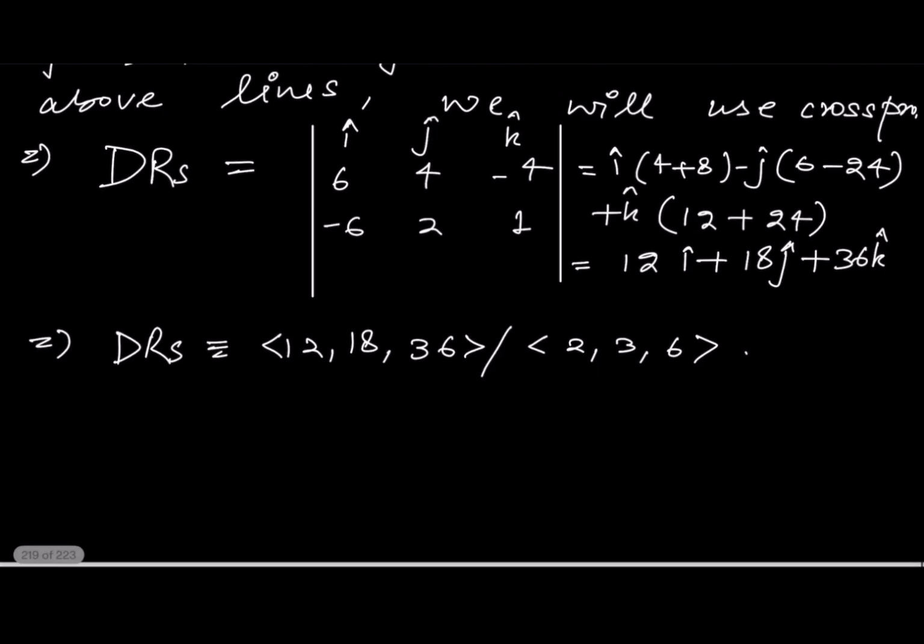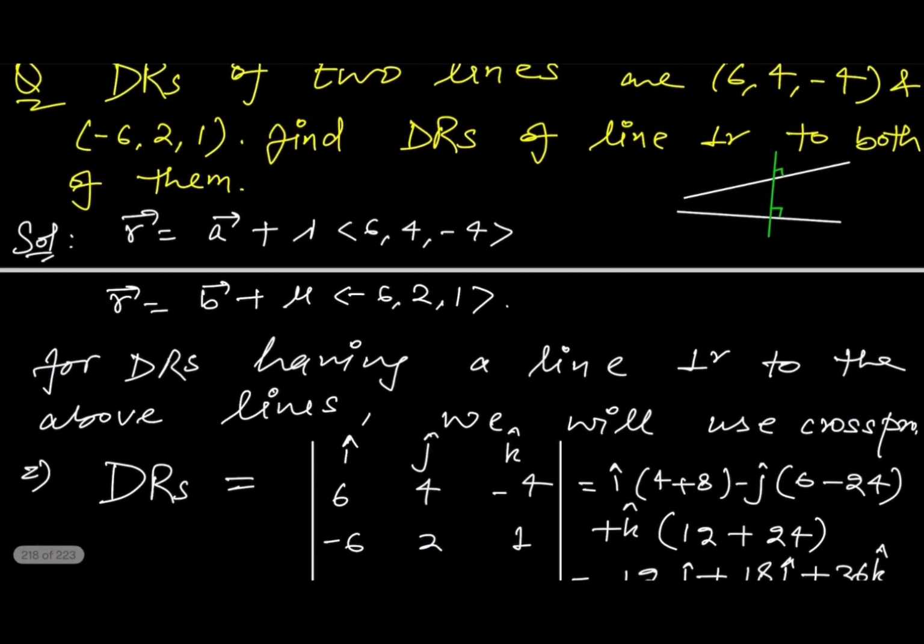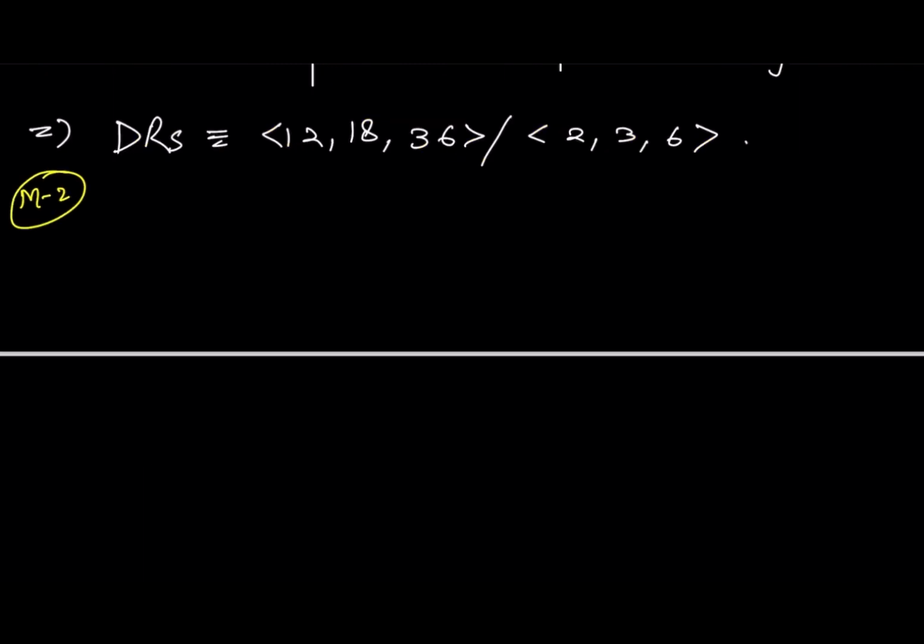Okay, also there is another method. So I'm assuming that DRs be a, b, c. Then according to question, if lines are perpendicular, then the sum of product of DRs must be 0.